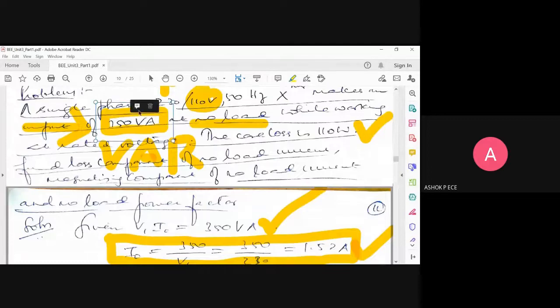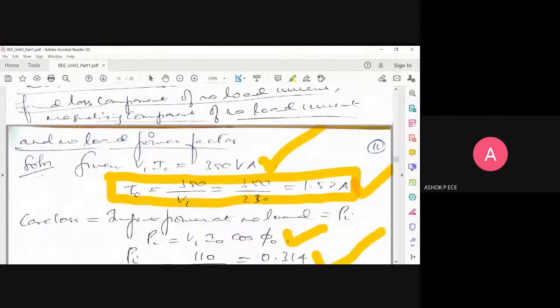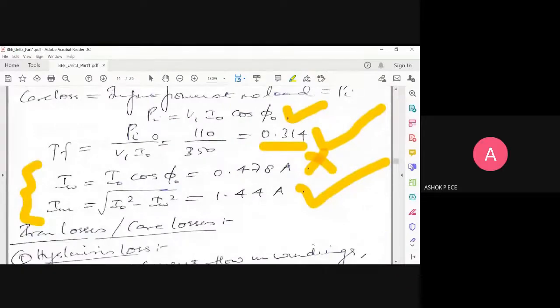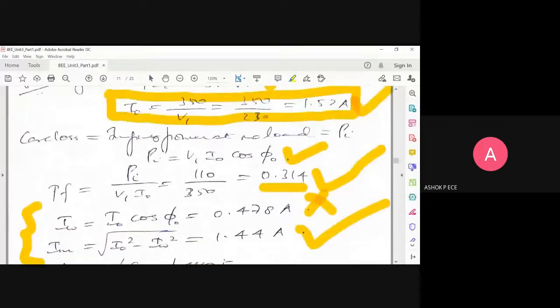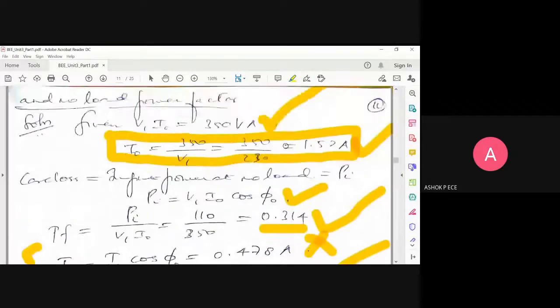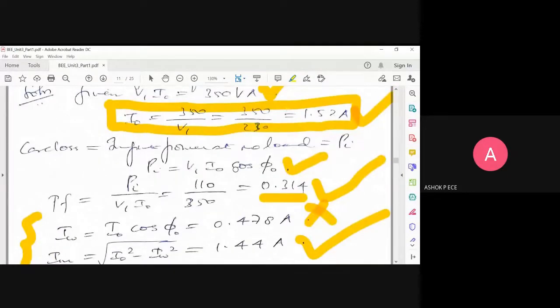The 350 volt ampere you can only visualize, you cannot measure it exactly, because we are more bothered about real power. All equipment measures only the real power. They cannot measure apparent power or reactive power. If you want to find apparent power or reactive power, you measure the real power and the power factor. Knowing these two, you can find the apparent and reactive power, because those cannot be measured by any instruments. All instruments measure only the real power consumed by the circuit.